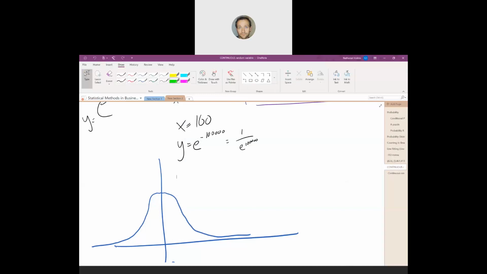All right, so for this, the area is 1, and it's centered, and this is symmetrical, right? Yes.